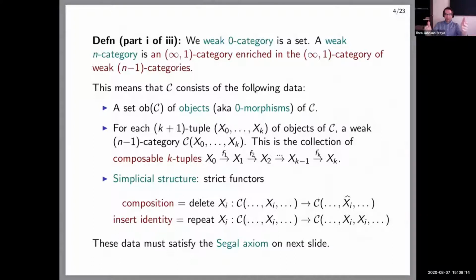It's this data. Now I need to give you some axioms to make it behave correctly. I've already said that deleting an element corresponds to composing. If I take the category of all ways to go from x0 to x1 to x2, and then delete the middle spot, I'm supposed to take the map that took me from a pair of morphisms to just one morphism, to just their composition.